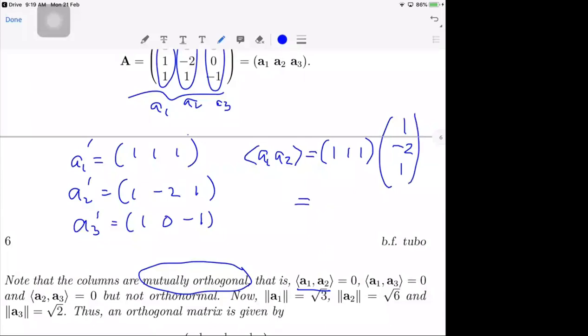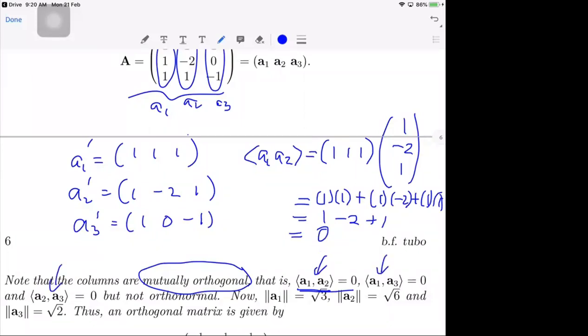If you do the vector multiplication, that is 1 times 1 plus 1 times negative 2 plus 1 times 1. So this is 1 minus 2 plus 1, and that is equal to 0. You can do that for all pairs, the inner products of A1, A2, A1, A3, and A2, A3, and all of them are equal to 0. So we say that it's orthogonal.